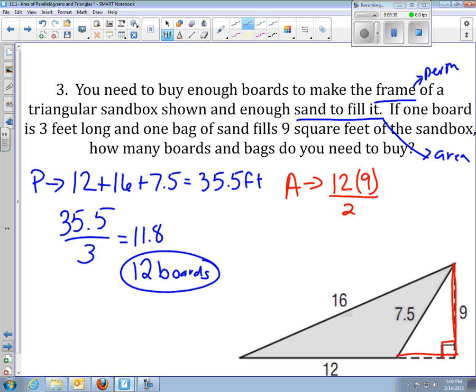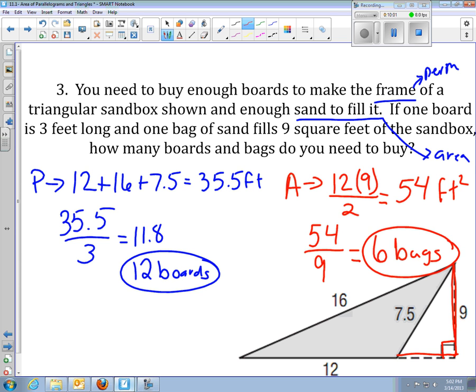Don't forget to divide it by 2. So our area ends up being 54. But I'm not going to need 54 bags because each bag fills 9 square feet. Ooh, area is feet squared, so keep that in mind. If I take 54 feet squared and divide it by 9 feet squared, we find out that we need 6 bags.